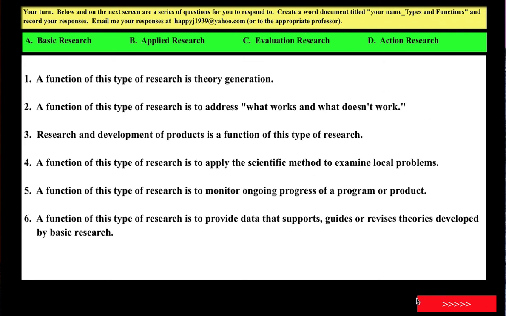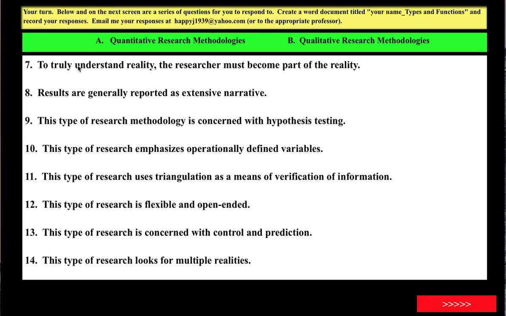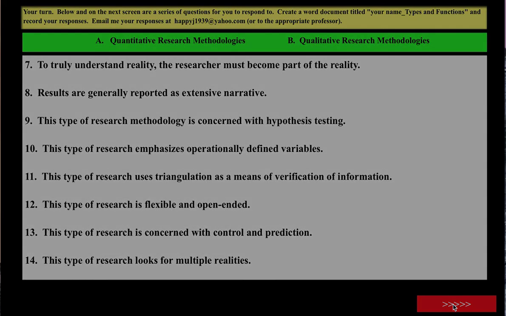And then, you could put the video on pause and do that. Then on the next screen, you're asked to do the same, only here you have to distinguish between quantitative research methodology and qualitative research methodology.